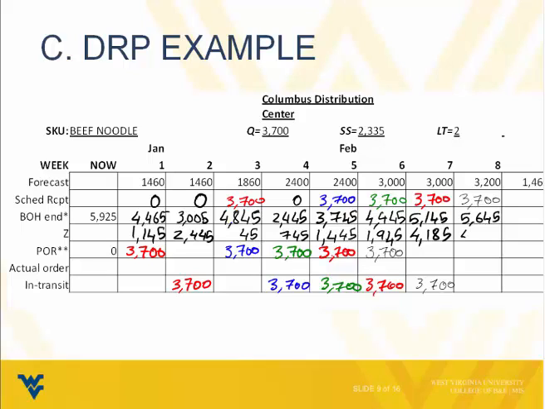And no orders placed in period 8 either, so this is 1460, and no planned order releases. And that's the end of my planning horizon. That's how much balance on hand I have at the end of the planning horizon.